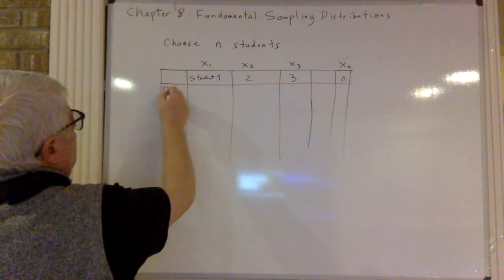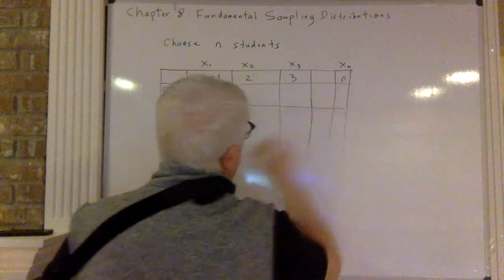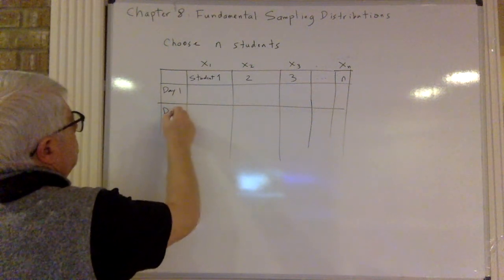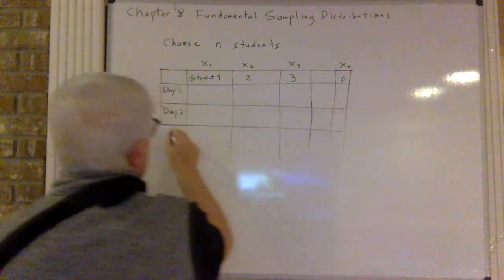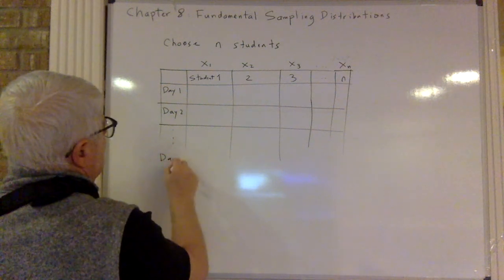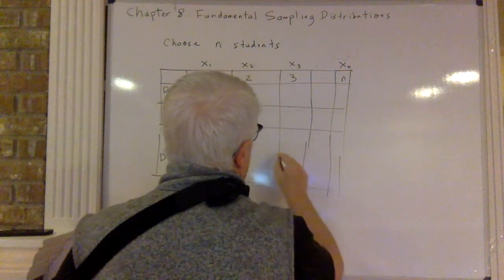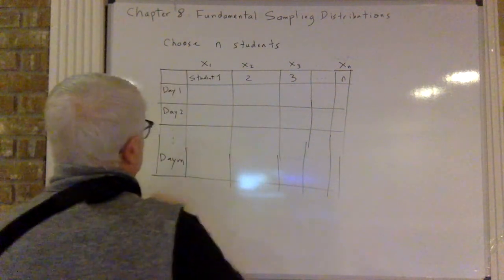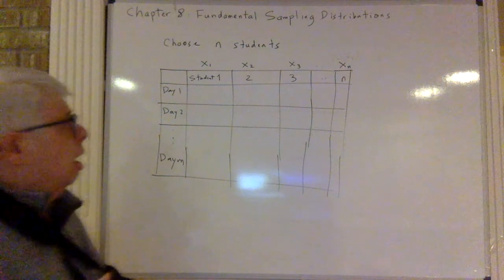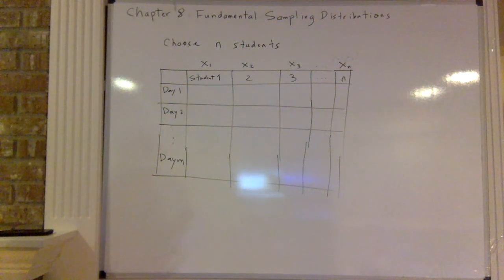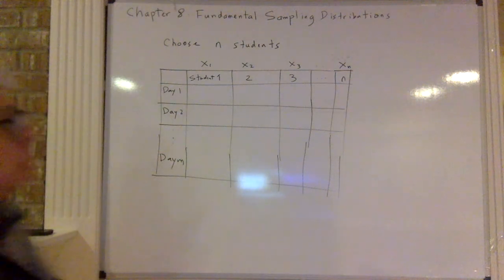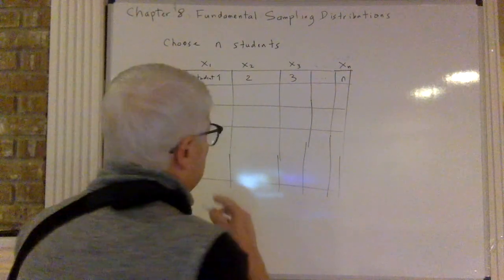And this is like day 1. You send them out, day 2, and so on. So those students come back and bring you some numbers, which they have chosen some students at random, and they have asked their age, for example, and they give you some numbers.